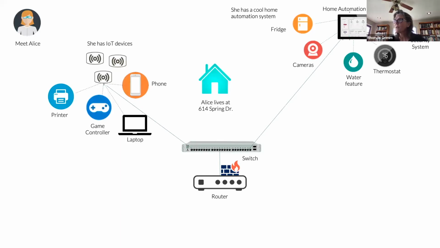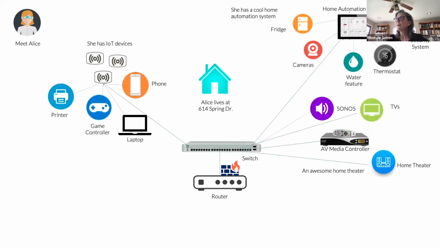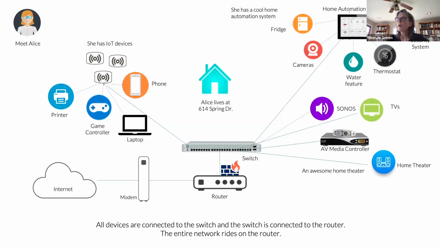It's awesome. And some of those devices are hardwired to the switch, and a lot of them work on wireless. She's also got this rockin' home theater going. So again, to the switch, to the router, through the modem, out to the internet. All the devices are connected that way. As you can see, everything rides on that router.